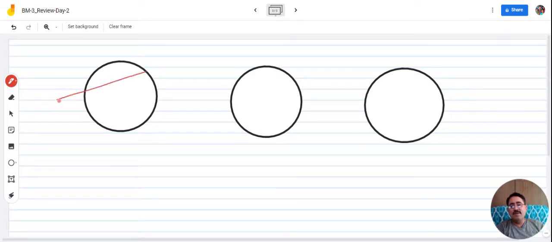A line segment that intersects the circle at 2 points. Do you see that? So these are secants. And I'm taking one secant and one tangent. Secant means it intersects at 2 points. Tangent means it touches at 1 point.